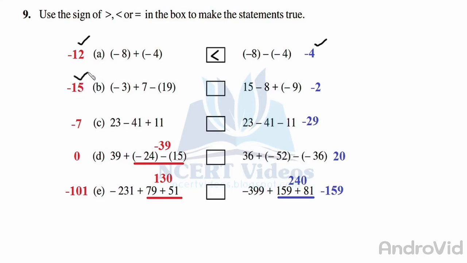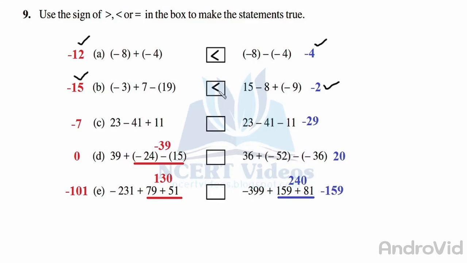Now here what we can do, minus 8 minus 9 is how much? 17, and then minus 17 and plus 15 is minus 2. That's how you can do it. Now let's compare. Again, minus 2 is greater, minus 15 is less because minus 2 lies towards 0 on the number line. Therefore, the same less than sign will come here as well.